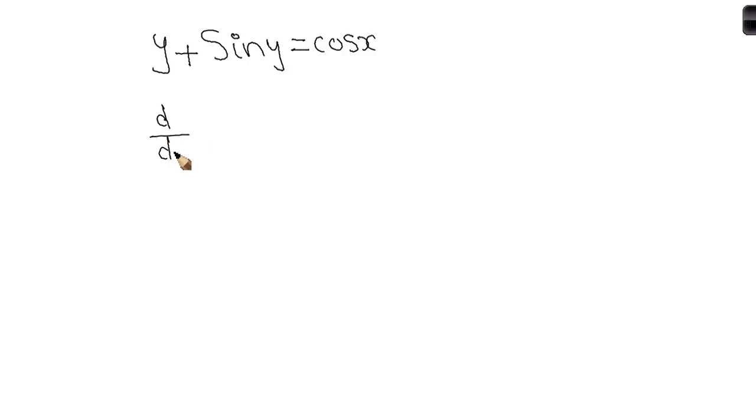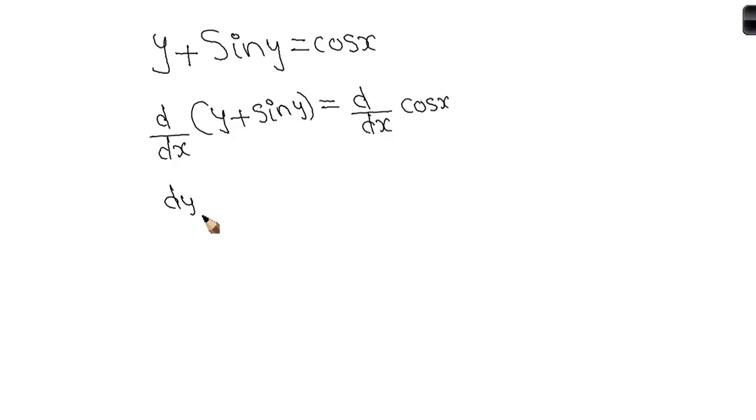So derivative of y plus sin y is equal to derivative of cos x with respect to x. So this would be dy by dx plus derivative of sin y would be cos y into dy by dx, and derivative of cos x is minus sin x.